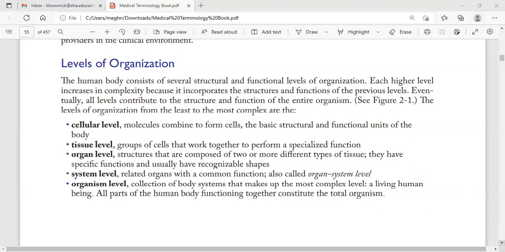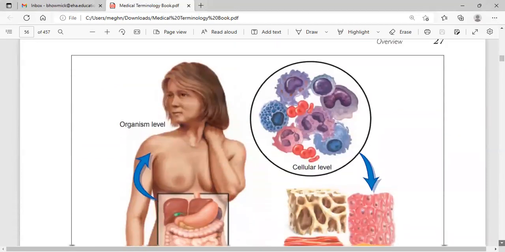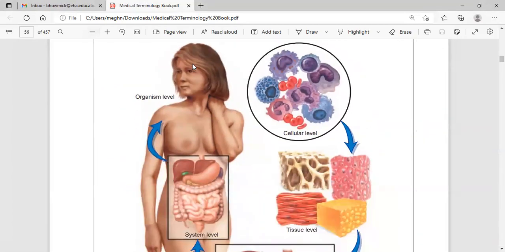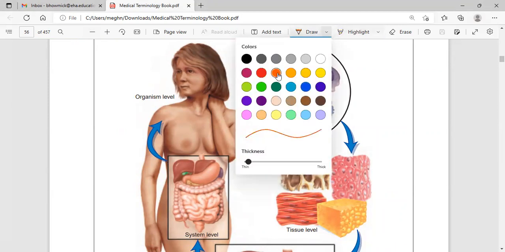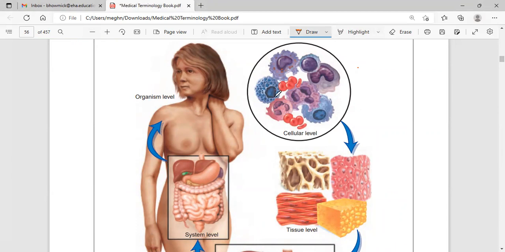What next? Next here, go. Showing, you see this is the cell. This is the cell, right? Different kinds of cells here. Cellular level. So when a group of cells put together for a particular function, we call it tissue, like muscle tissue, nervous tissue, right?